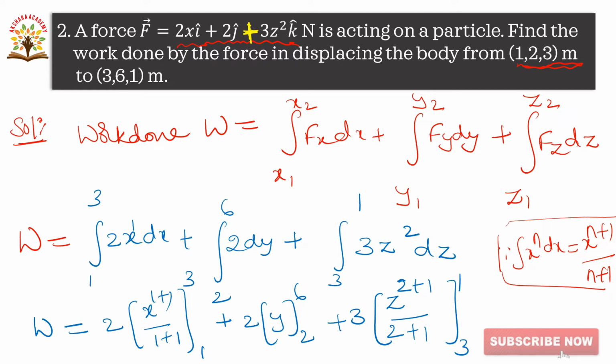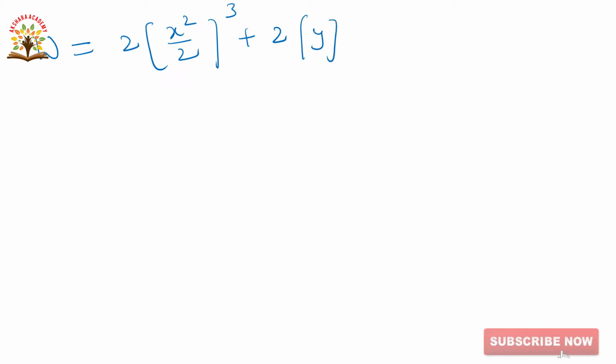Now we are next applying the limits. So next, W equals 2 of (x squared by 2) whole cube limits 1 to 3, plus 2 y from 2 to 6, plus 3 of z cube minus 3.